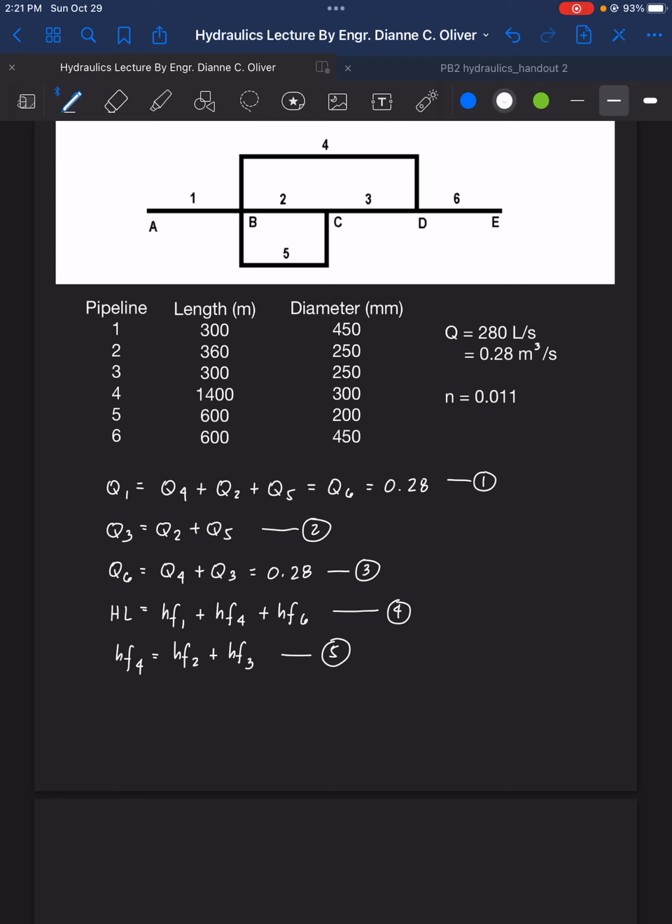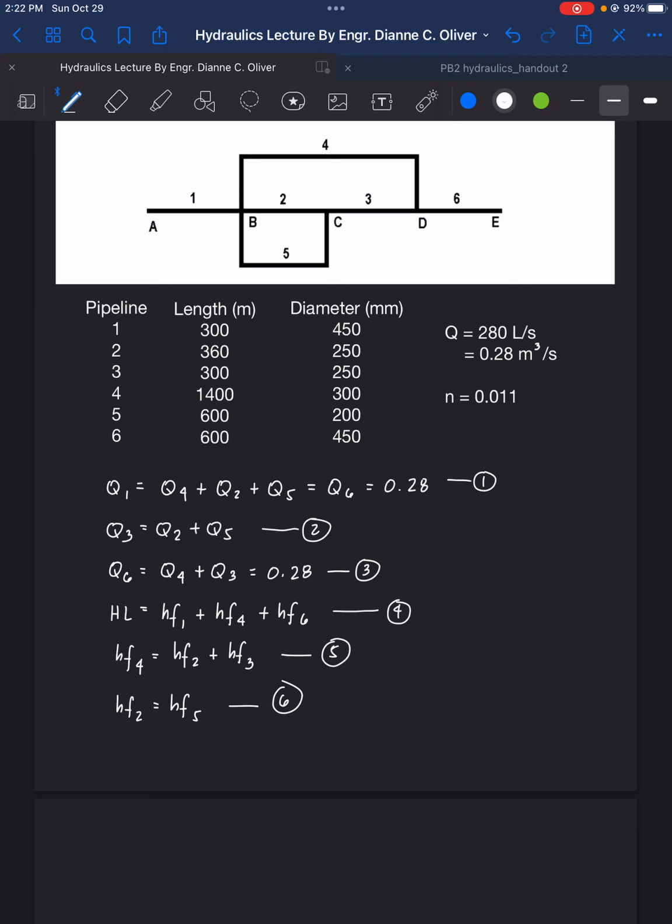So what else? Another thing here is this parallel connection. Pipes 2 and 5 are parallel with each other. Therefore, we have HF2 equals HF5, and this is our equation 6. So we have 6 equations formed.